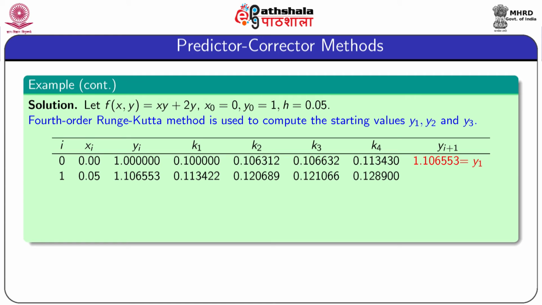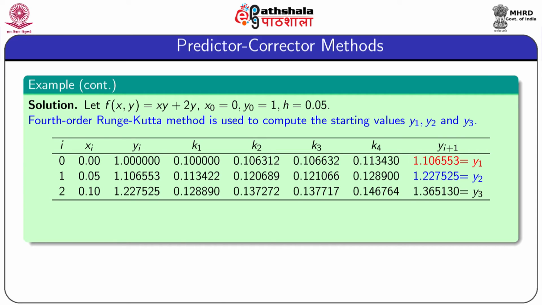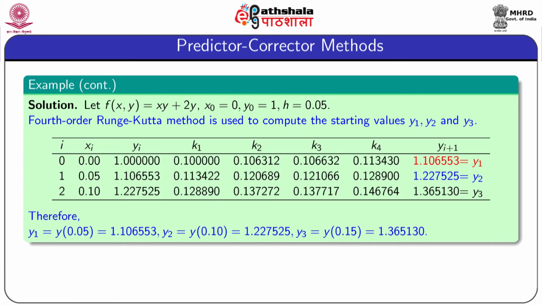Similarly, the values of k1, k2, k3 and k4 are calculated for the next step to find the value of y2, and the value of y2 equals 1.227525. The value of y3 is obtained by the same formula and it is equal to 1.365130. So, these are the starting values for the Milne-Simpson predictor corrector formula, the values of y1, y2 and y3.